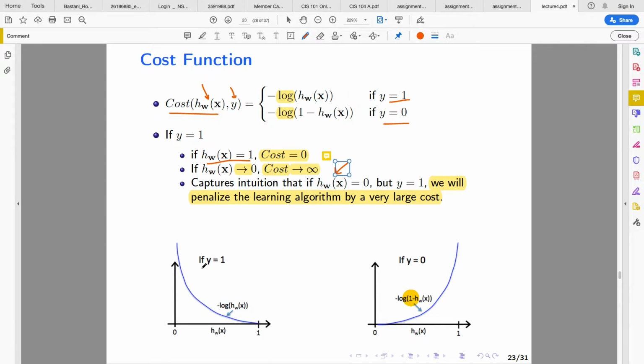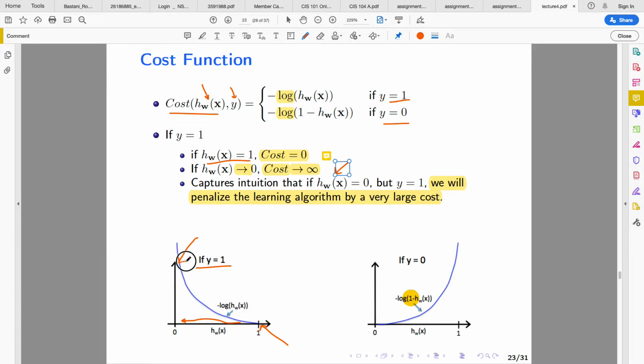As you can see in this plot, y is 1, so we expect our h of w to also be equal to 1. So if our h of w equals 1, then our cost function will be close to 0. But if our h of w is tending this way and getting close to 0, then we are going to have a high cost function.